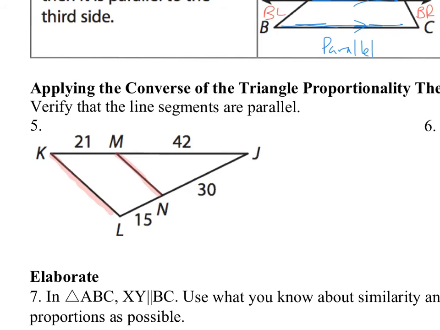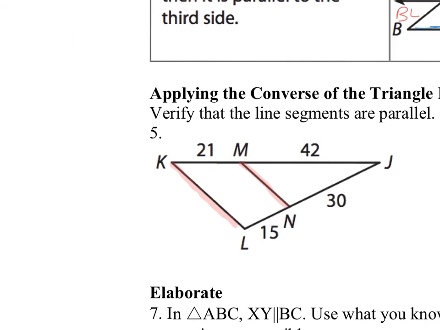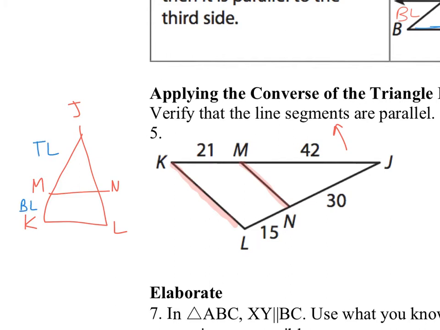So again, I'm going to redraw my triangle here. Up at the top, we'd have letter J. Down the left side, I'm going to rotate it up this way, and then we have letter M, letter K, and on the right side, N and L. And so we'd have our top left, our bottom left, top right, and bottom right.